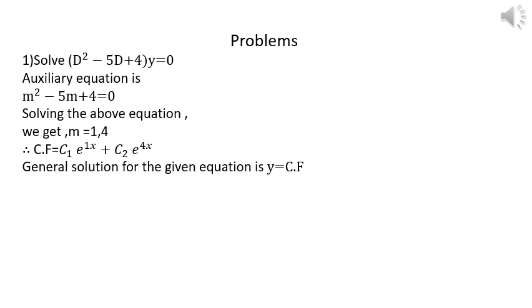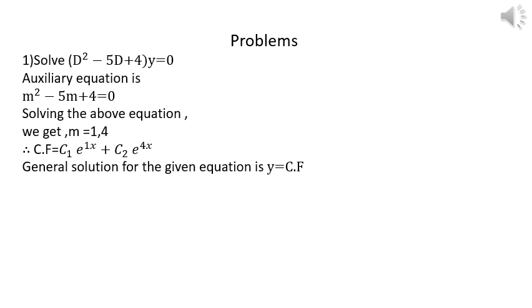The general solution or the complete solution to this equation is y equal to complementary function. So here, solve the equation means find out the general solution to this equation. So the meaning is the same: solving the equation is the same as finding the general solution.